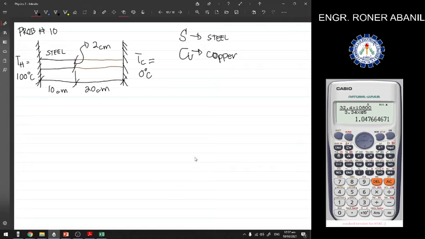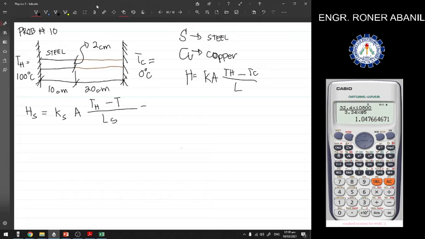So, meron tayong equation na H is equal to kA (TH minus TC) over L. So, pwede natin siyang i-rewrite na HS equals to KS A (TH minus T) over LS, is equal naman ngayon sa copper natin.